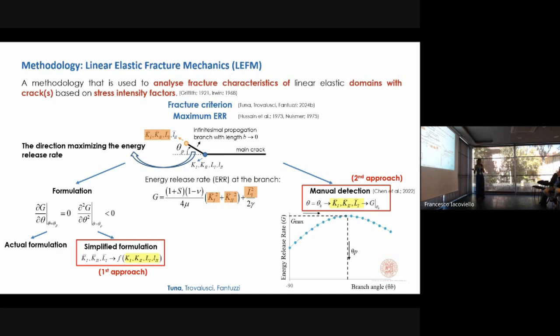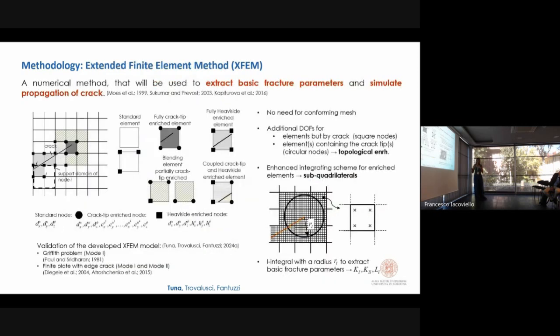In any case, we need to find intensity factors, either at the main crack tip or the infinitesimal branch. To do this, we generalize the extended FEM method to micropolar continuum, considering also the effect of microrotations.